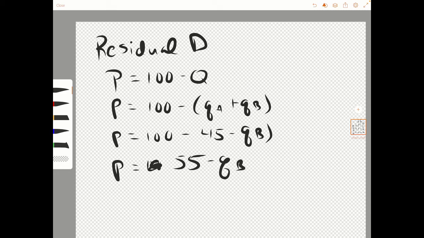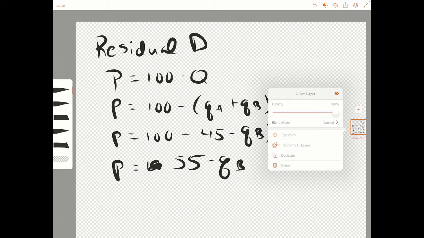That is the demand curve that Boeing is facing. So now we can construct a demand curve based on this, and then we can start to solve the reaction of Boeing to what Airbus is doing. So let's do the demand curve first.